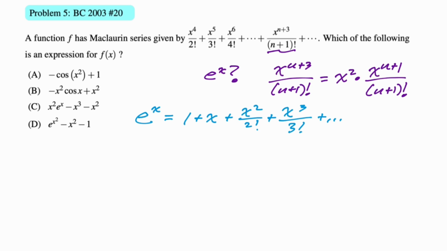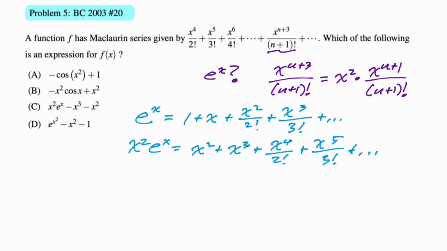At this point, I think I can just choose C already. But multiplying through by x squared just increases the exponent of every x you see by 2, and 1 times x squared is x squared, x times x squared is x cubed, etc. So now we have this.